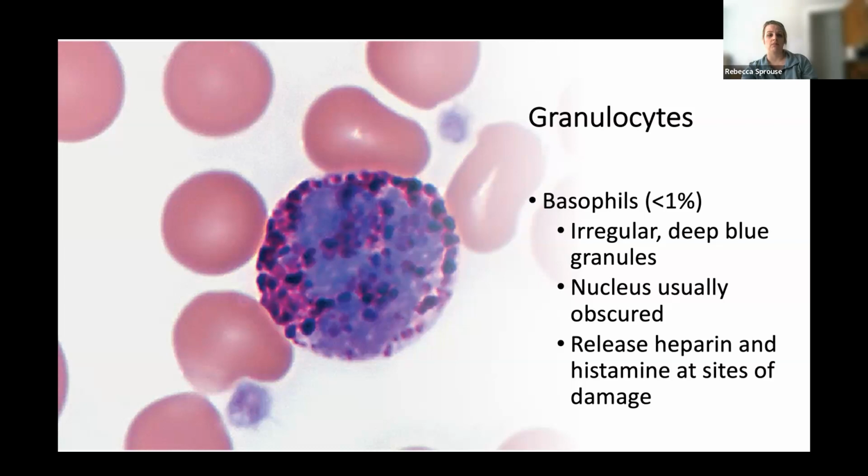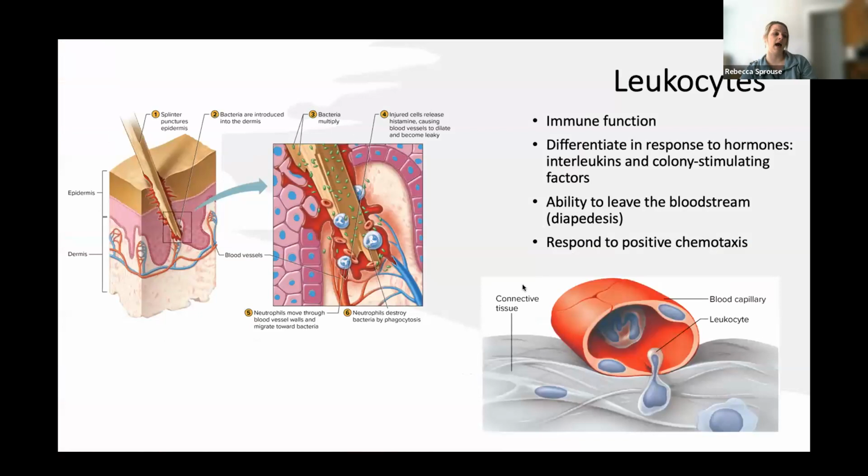Inflammation not only stops the injury from spreading over to these other tissues, but inflammation also makes the blood vessels more leaky or permeable. And so more of those white blood cells can squeeze through the cell membrane here of a blood vessel.